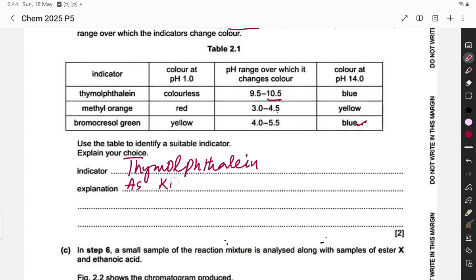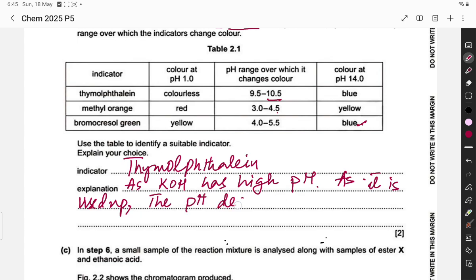As potassium hydroxide has a high pH, as it is used up the pH decreases and the indicator will change color.